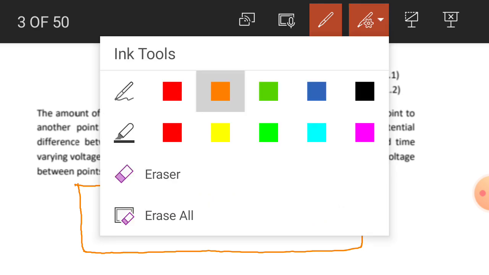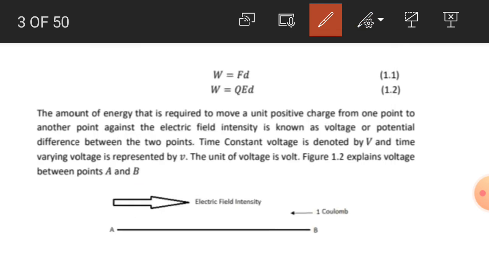We want to find out the voltage or the potential difference between these 2 points, and these 2 points are located inside the field. Voltage is an electrical energy. Please keep it in your mind that voltage is electrical energy.